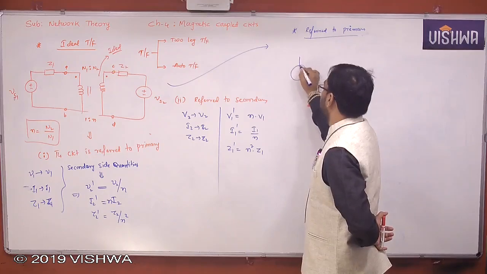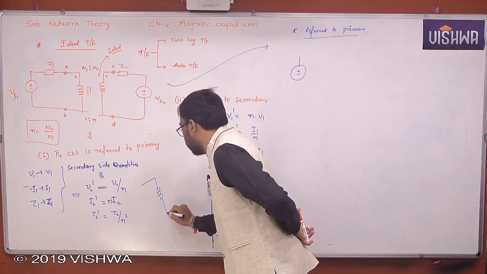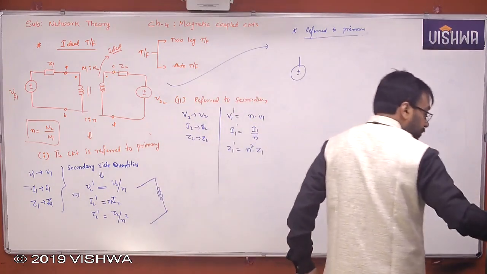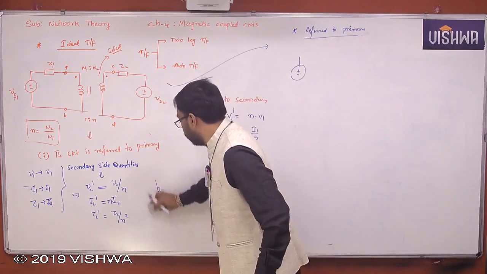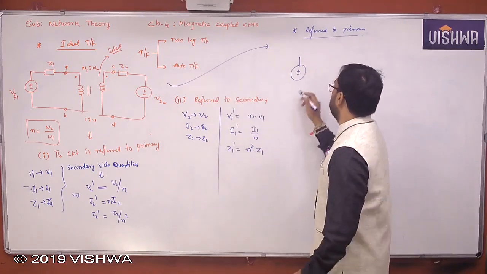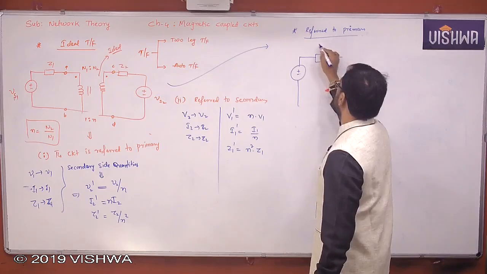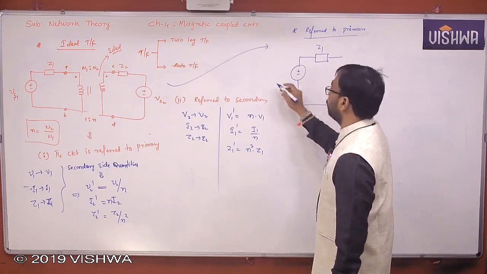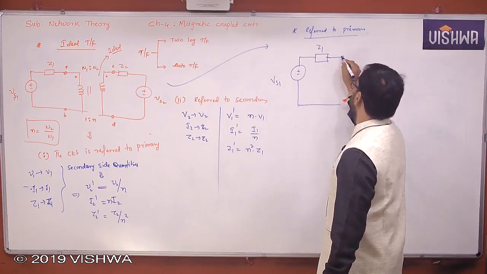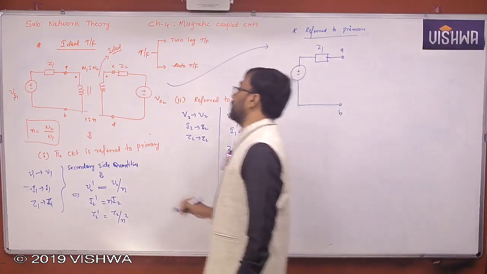VS1 remains VS1. So I have given this example with an intention that we take the same thing here as it is. Z1, VS1, this is A, this is B. What is the voltage available here?